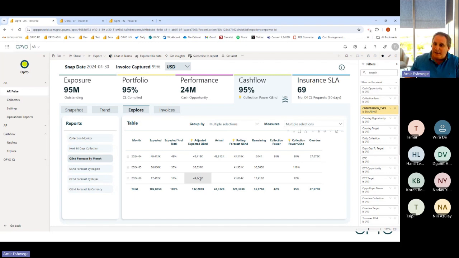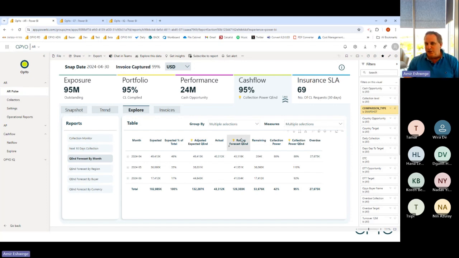If you want to understand how this is built, we can drill down buyer by buyer and understand how we make these assumptions based on the trends and the behavior of this buyer. We do have customers where more information could be brought into the system to enrich it and give us an even better forecast, but that has to be investigated customer by customer to understand if it brings value. So the first thing is to adjust the expected QN.